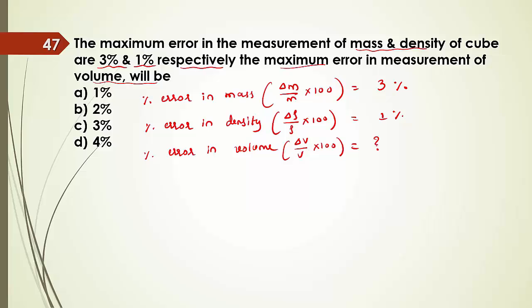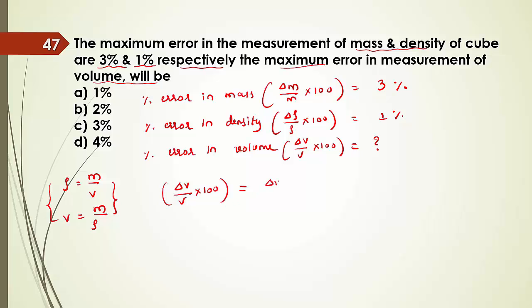That means delta V over V into 100 is equal to how much? This is the question. We know that density rho equals mass per unit volume, so volume equals mass per density. These equations you can remember to calculate maximum error in the volume. So percentage error in volume, delta V over V into 100, is equal to mass per density.